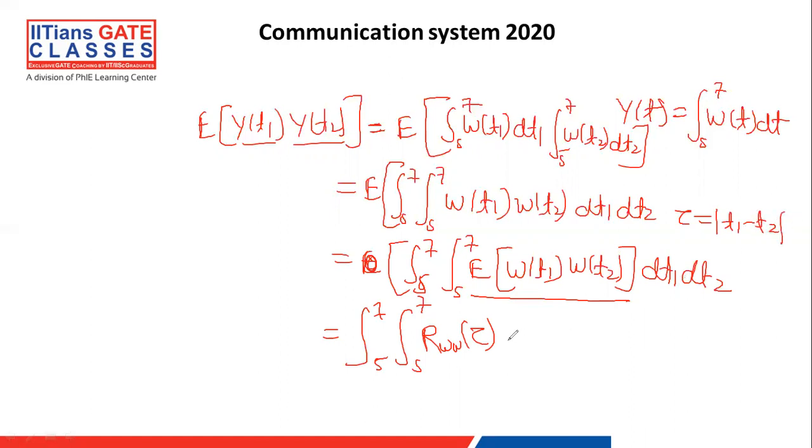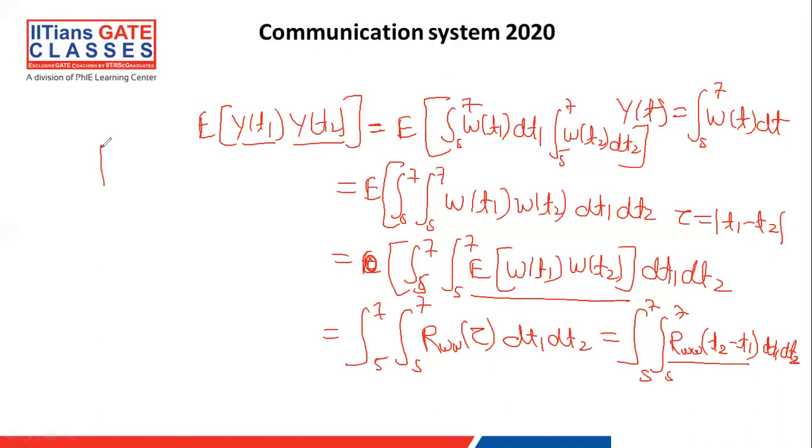That's why there is a mod. Write it as dt1 dt2, or you can write it as the integral from 5 to 7, 5 to 7 of R_ww(t2 minus t1) dt1 dt2. Now we need to know what is R_w(tau). So our spectral density is given, that is 3 watt per hertz.